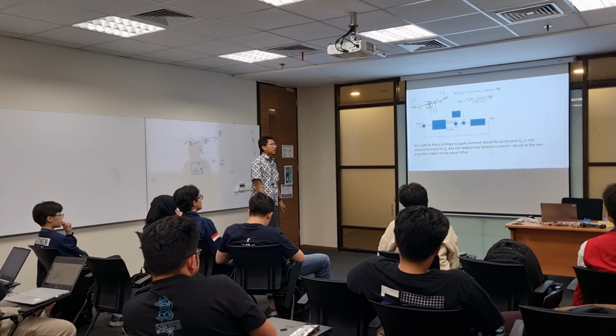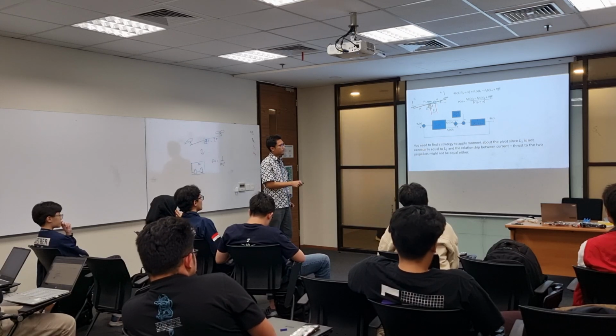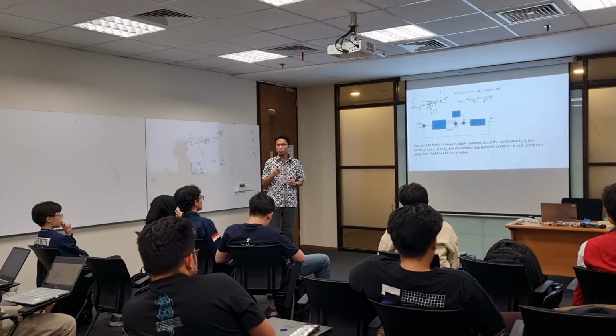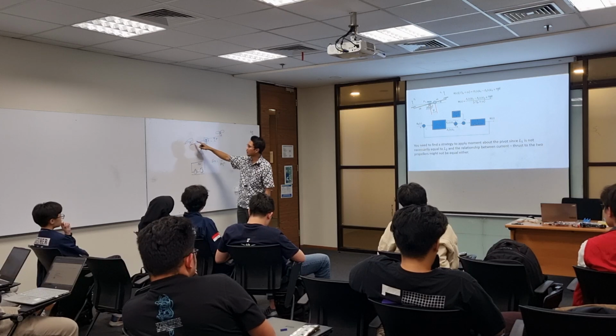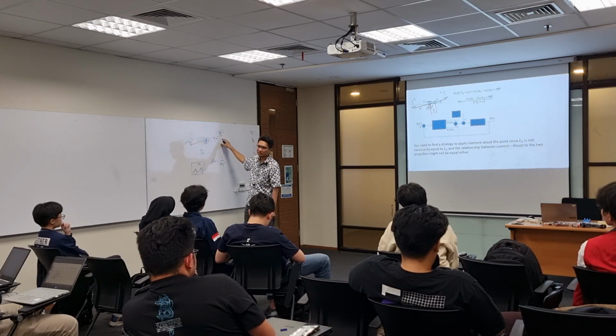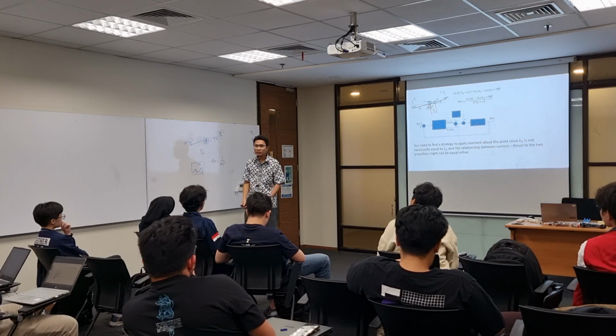So let's say the controller knows how much moment you need to apply, what is the force you need to apply here and over here. Can you tell the controller that? Do you know what I mean?